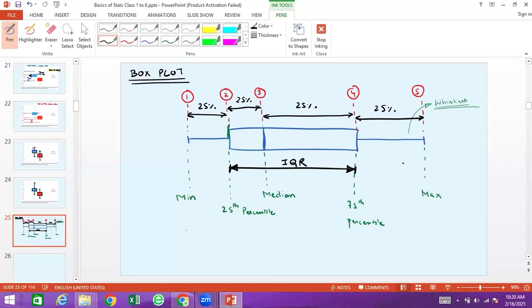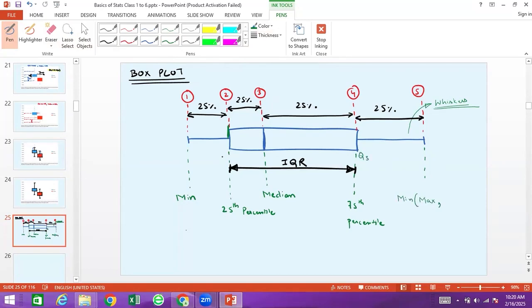That is one thing. Now, let's not call it max. It will be the minimum of the maximum value or Q3. This is the Q3 value.